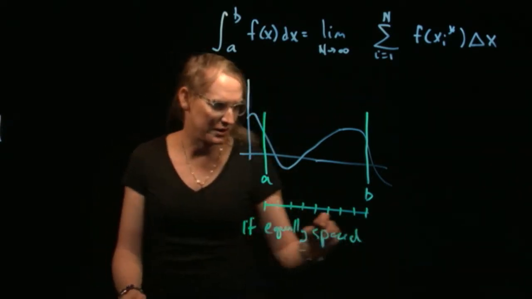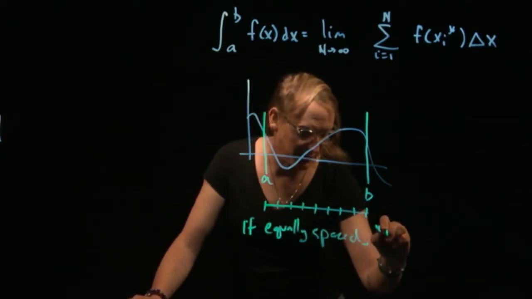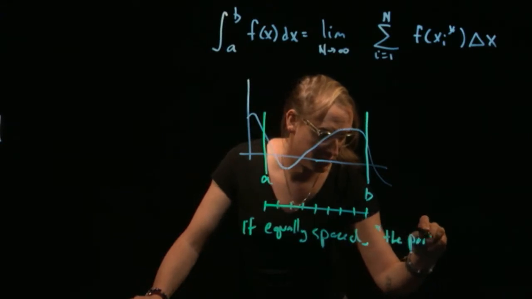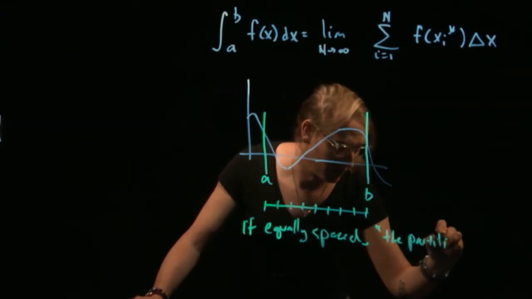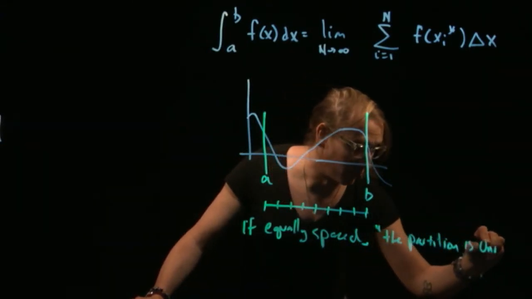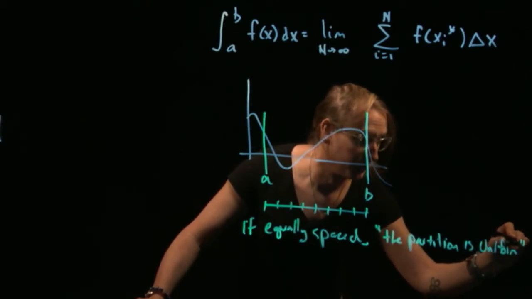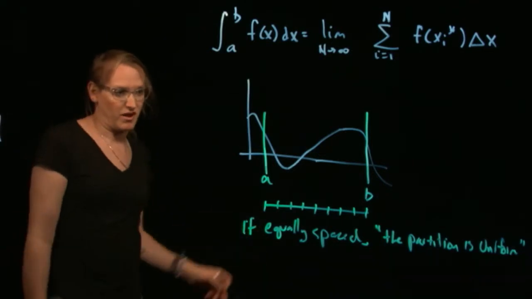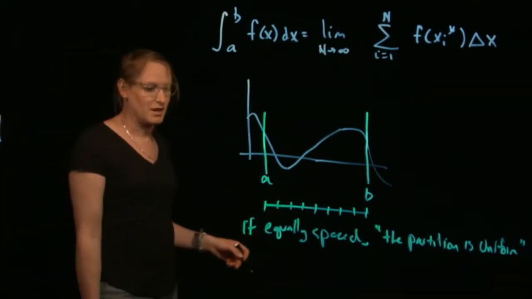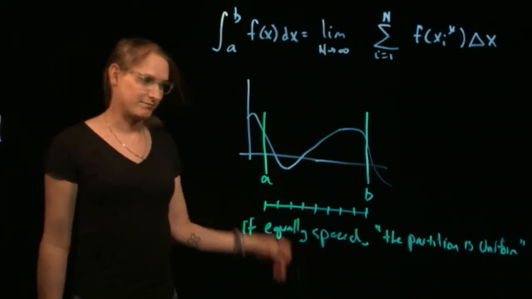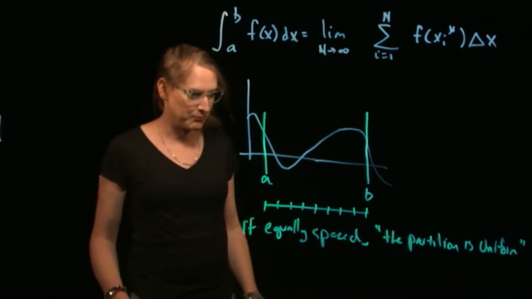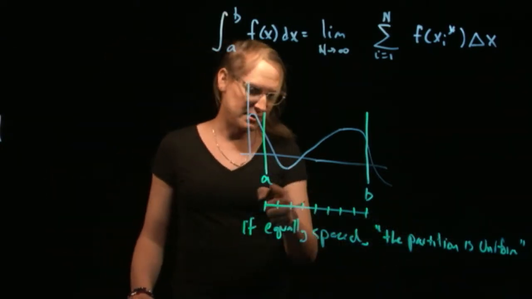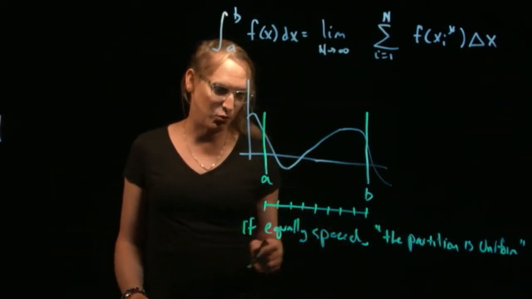If those are equally spaced, then we say that the partition is uniform. So the partition is uniform because it's the same, right? It's just like wearing clothing in a Catholic grade school. Like, it's uniform. Everybody's wearing the same thing. So they're equally spaced so that all of these are delta x wide.